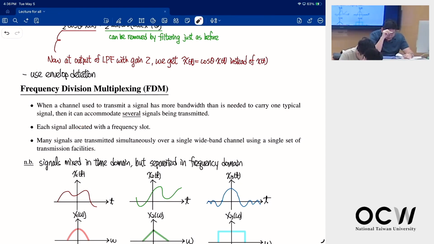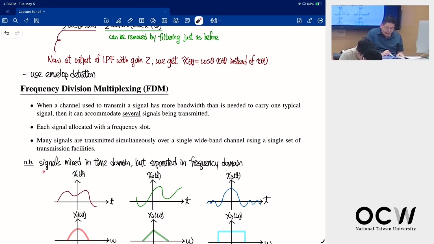In this case, many signals are transmitted at the same time over a single wideband channel, using a single set of transmission facilities, which means I can send many signals at the same time.